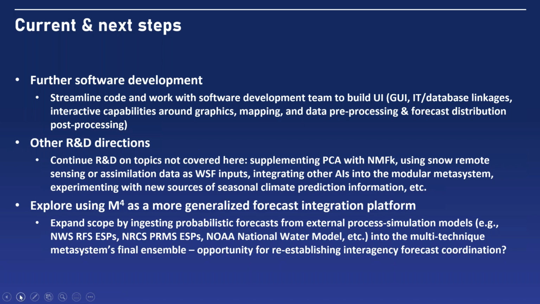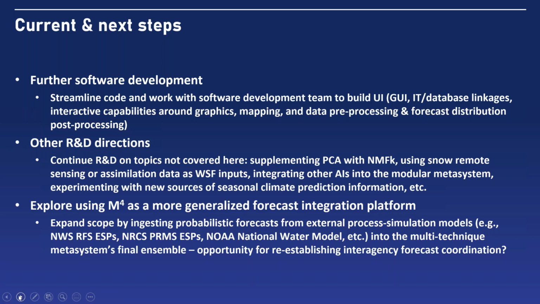So just to wrap up, what are our current next steps? We've got this prediction engine built. There's some refinement on that, as well as a platform to run it more conveniently in an operational setting and a team setting. Other R&D directions: we're looking at supplementing the current supervised learning method with other techniques that may be a little more interpretable, not necessarily more accurate, but more amenable to physical interpretation.